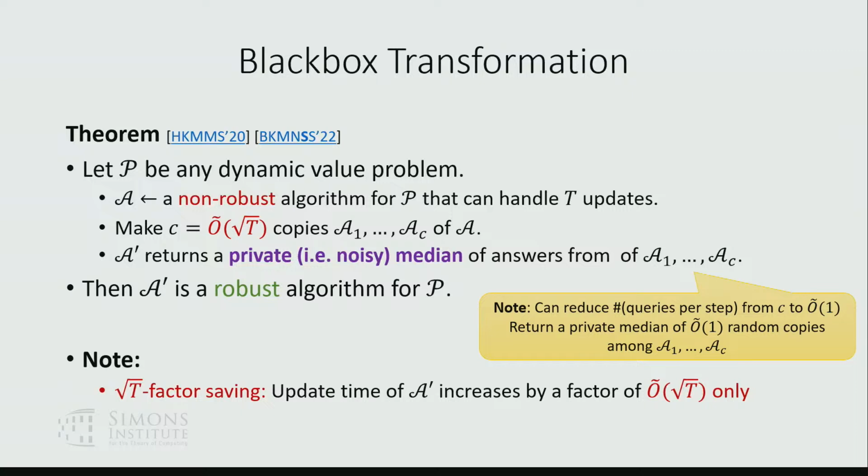And by the way, one can reduce the number of queries, because here at each time step we queried many algorithms, but you can reduce the number of queries per step to polylog, just by, instead of returning a private median of everyone here, sampling log n many of them and returning the private median of the ones that you sample. That will work too.